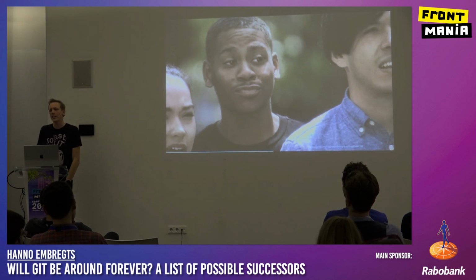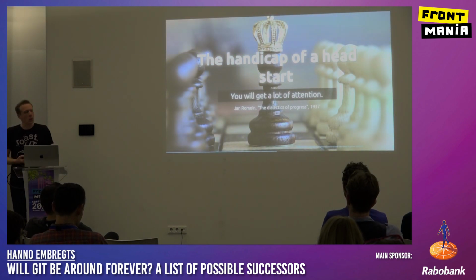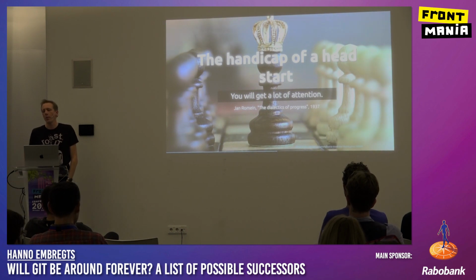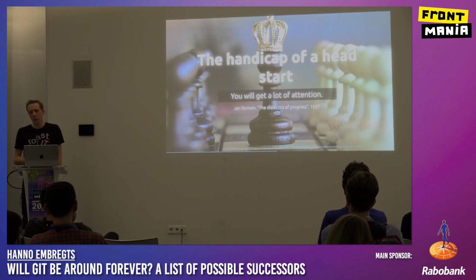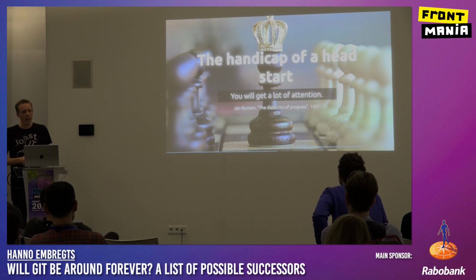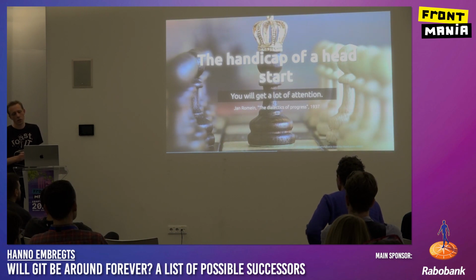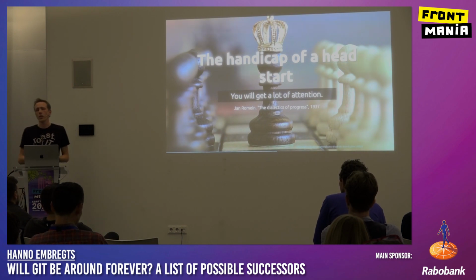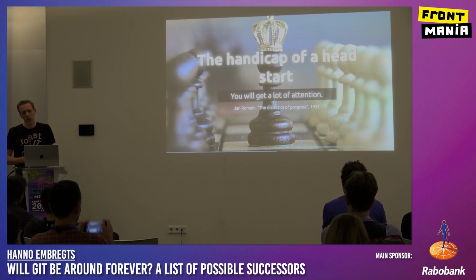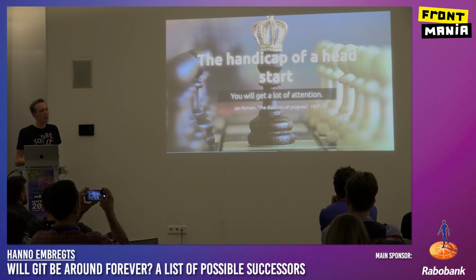I correctly predicted it. I was fairly confident this would happen eventually because of a mechanism that we call the law of the handicap of a head start. If you're Dutch, de wet van de remmende voorsprong. So this term was coined by a Dutch historian, Jan Romein, in his essay The Dialectic of Progress in 1937.